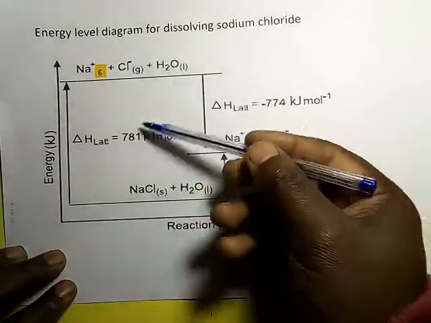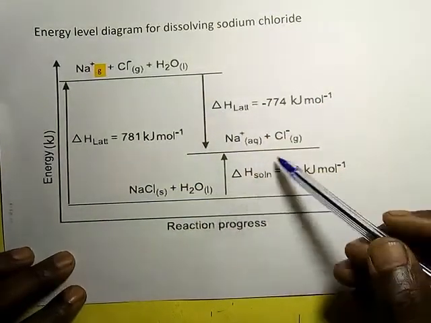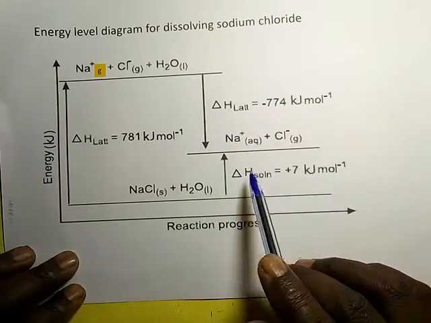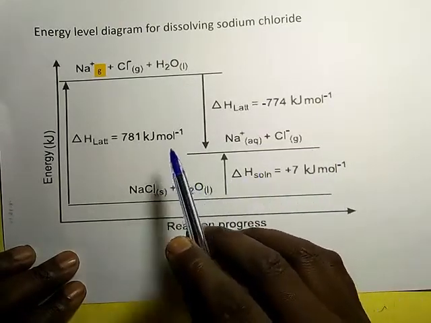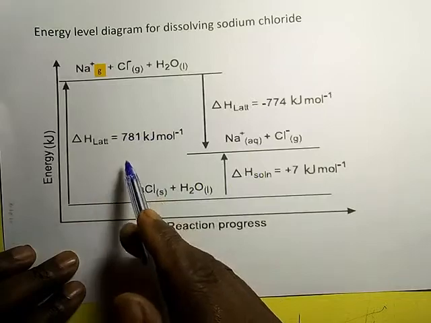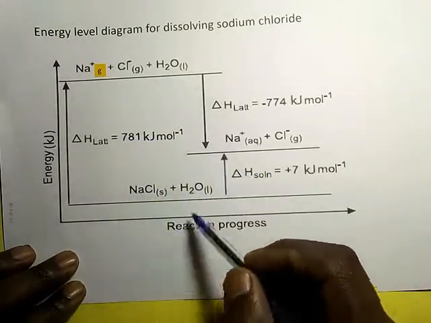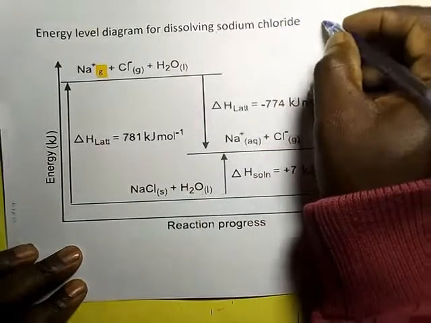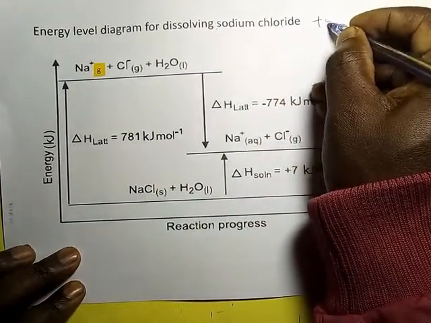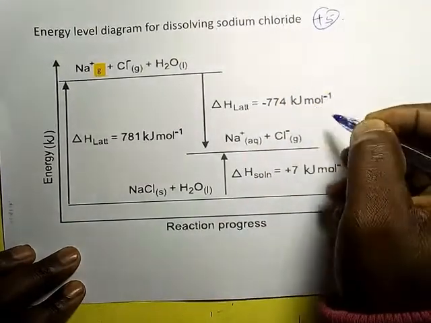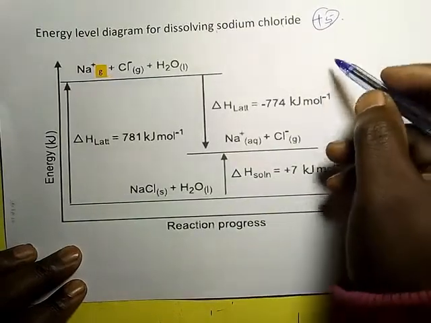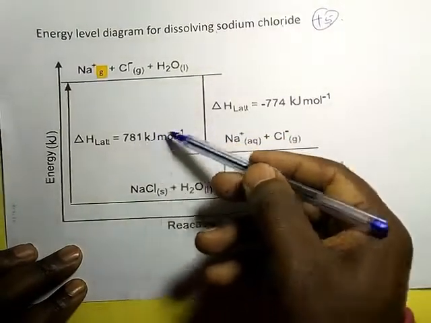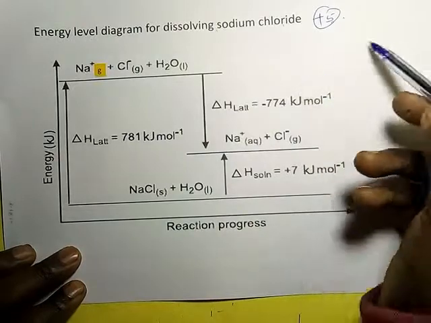Now this is the energy level diagram, the one I started with to tell you that you should know. The energy level diagram depends on whether the reaction is exothermic or endothermic. We know that dissolving sodium chloride in water, the overall reaction is positive, actually positive 5, the one we have done. Although I'm using different values here, don't worry.